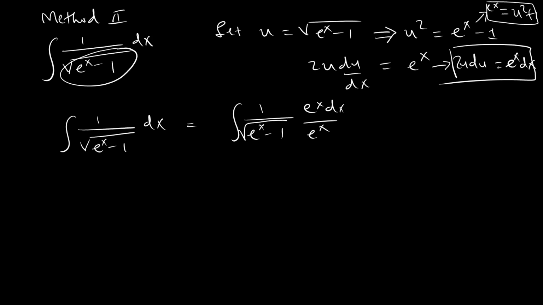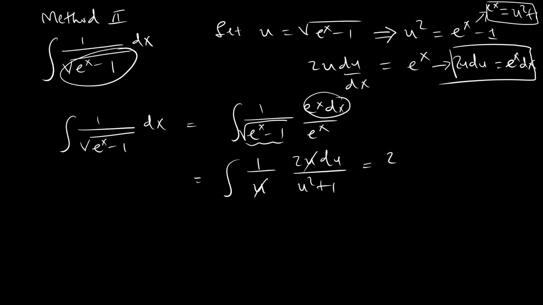Very important part. So we have, this is u, so we have 1 over u. e to the x dx is the same as 2u du. e to the x is the same as u squared plus 1. So we have that, and so our problem is twice the integral of 1 over u squared plus 1.